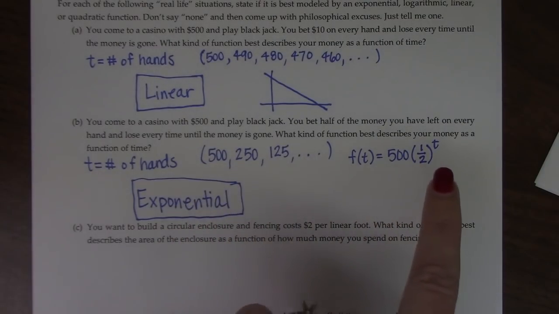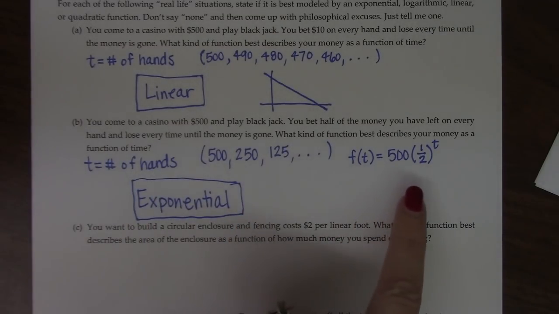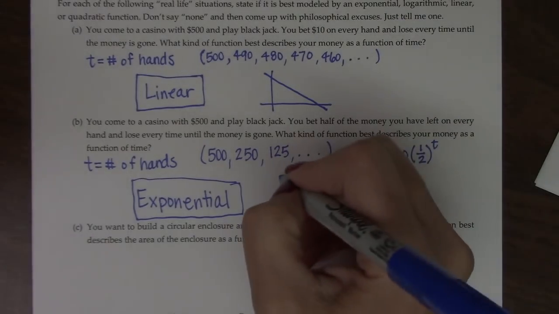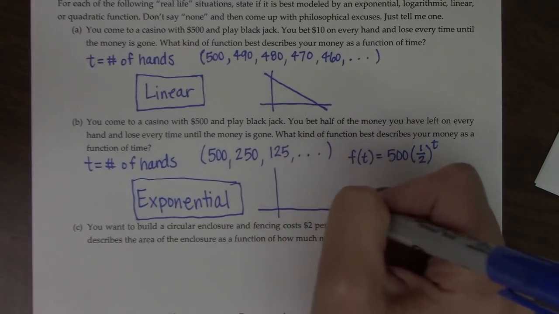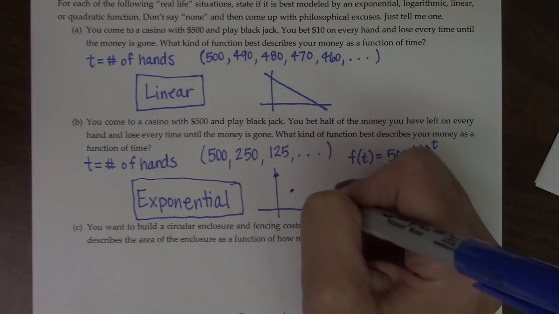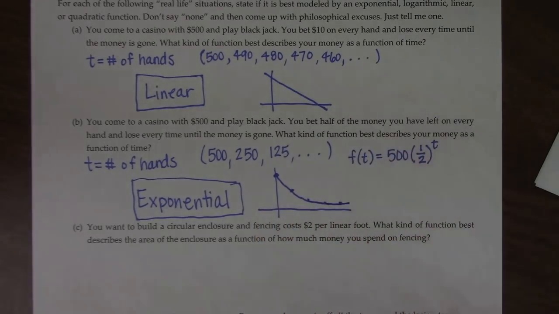I'm just showing you to justify how I knew it was exponential. So you may not always be able to write the equation, but sometimes just listing out the values, if you know how these graphs behave, helps. If we plotted this, we'd see we have 500, then we're down, then we're down, then we're down, and it would start cutting in half. And so you could also look at the graph and come up with exponential.